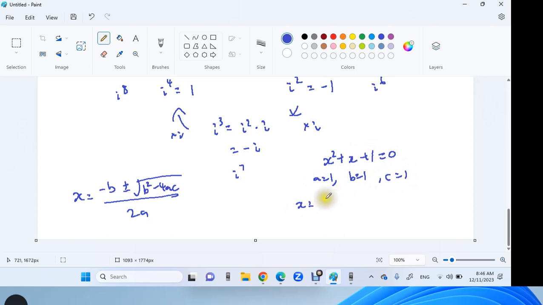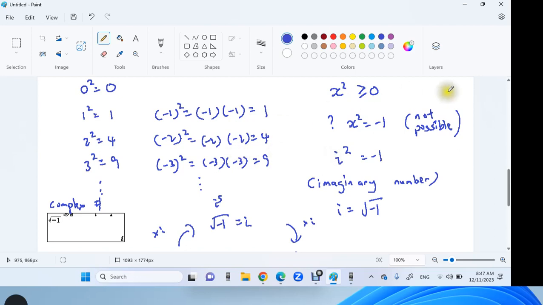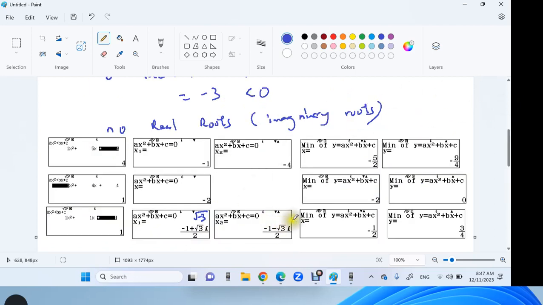So x equals negative 1 plus minus the square root of 1 squared minus 4 times 1 times 1, over 2 times 1. So it is negative 1 plus minus the square root of negative 3, over 2. That is negative 1 plus minus square root 3i over 2. So we have negative 1 plus square root 3i, and then negative 1 minus square root 3i here. Okay.